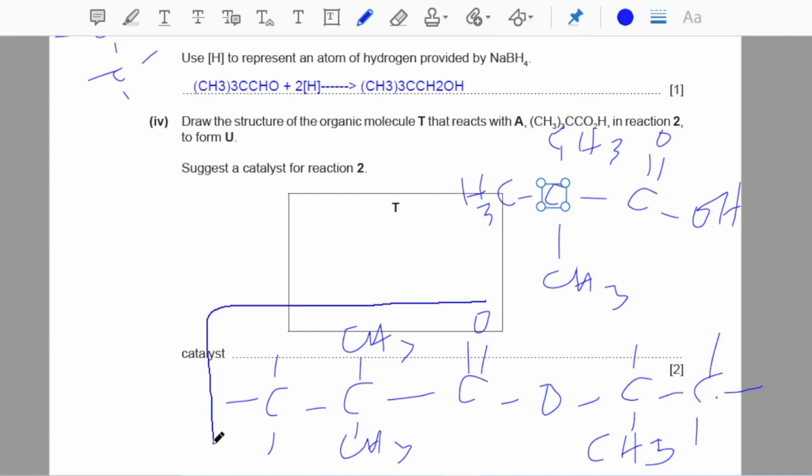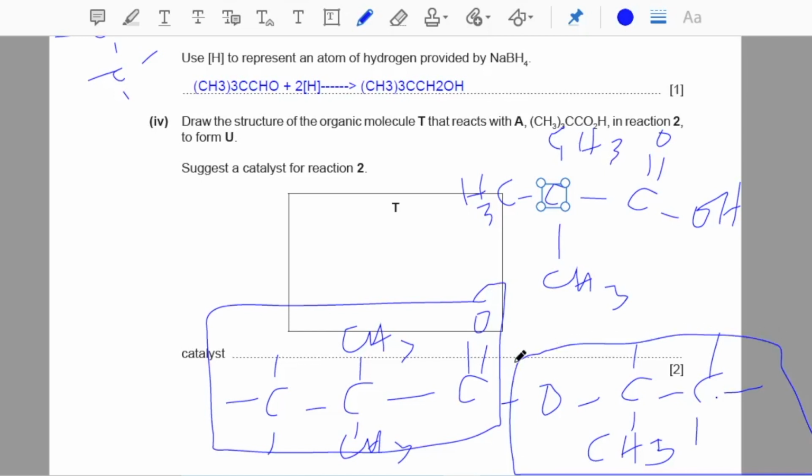This part of the ester is coming from carboxylic acid A, while this part of the ester is coming from an alcohol, which then forms an ester. When an alcohol and carboxylic acid react with each other, they form an ester. So this part is coming from a carboxylic acid, that's why this one must be coming from an alcohol.